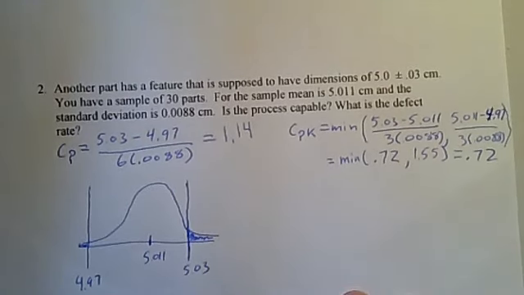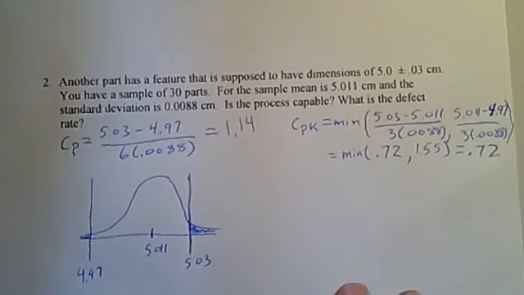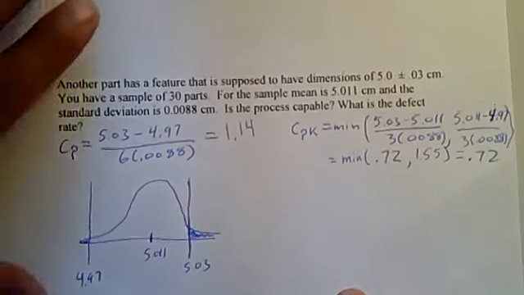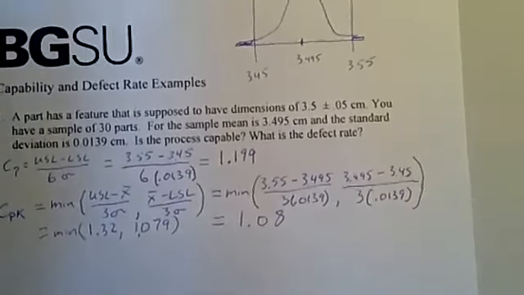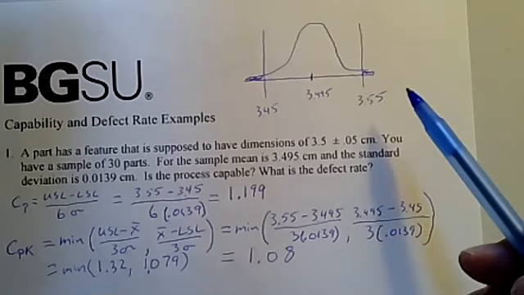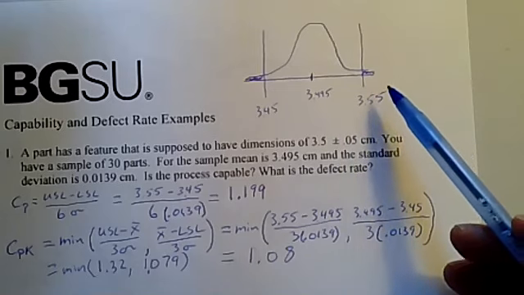I'm now going to go ahead and do the defect rates as well. If you don't want to know how to do the defect rates, you can stop watching the video. All right, so we'll do the top one first. In this case, the first thing we do is find z-scores. You're going to find two z-scores. Remember, a z tells you how many standard deviations away one number is from the mean.